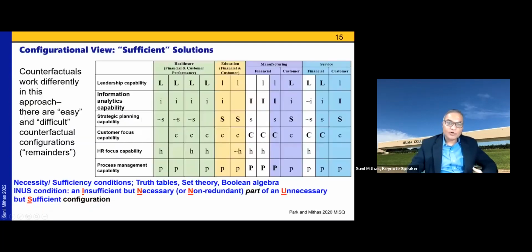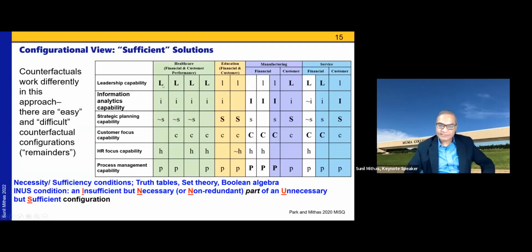So for example, if I go back to my previous slide here, and if I am talking to a healthcare manager, I can tell him that if you care about high financial and customer performance, there are 4 ways of achieving that. And depending on your initial conditions, you can pick any one of these 4 different pathways. It is not that you have to have, let's say, customer focus in all the situations.